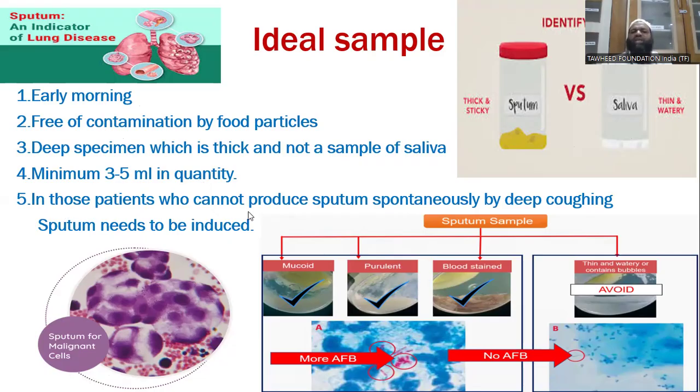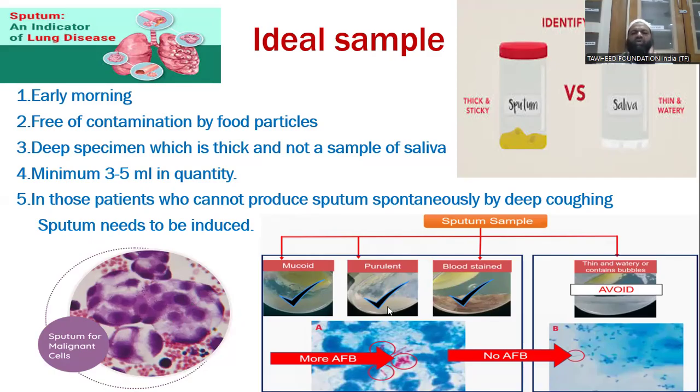In those patients who cannot produce sputum spontaneously by deep coughing, sputum needs to be induced or collected. Sputum for malignant cells, these are the abnormal cells. If you see such cells under the microscope, we need to inform a pathologist immediately and give the smear to the pathologist to observe and report these abnormal malignant cells.